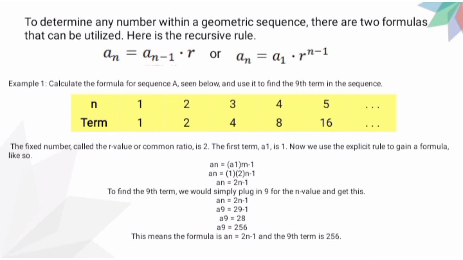To find the ninth term, we simply plug in 9 for the n value. a9 equals 2 to the 9 minus 1. a9 equals 2 to the 8, and the result is 256.